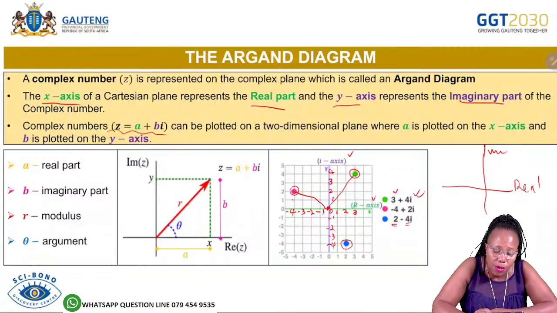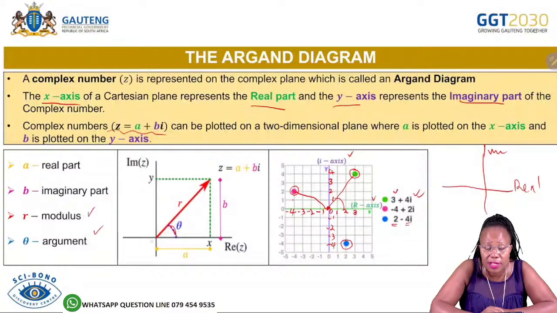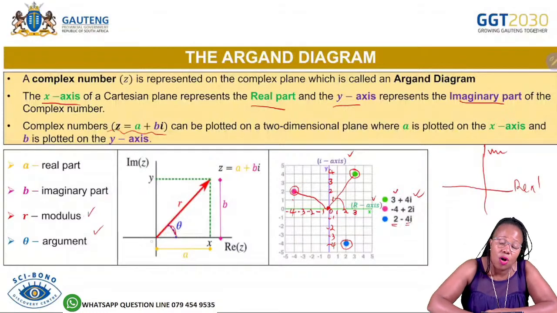And then now, when you go to the argument and the modulus, the angle will be indicated on your Argand diagram. Starting from there, we measure the angles, and that angle we call an argument, and is represented by alpha, beta, all those notations that we use in trigonometry to present our angles.